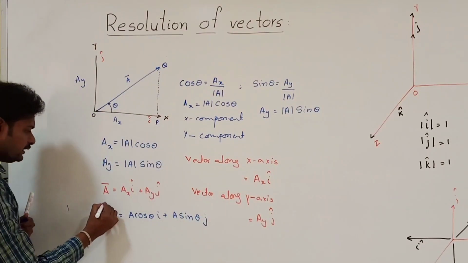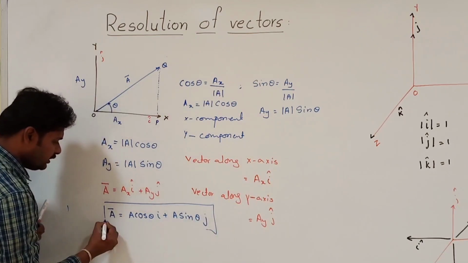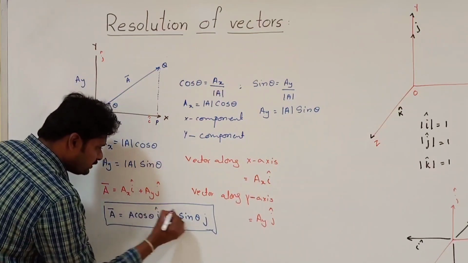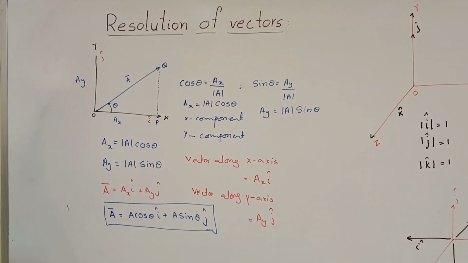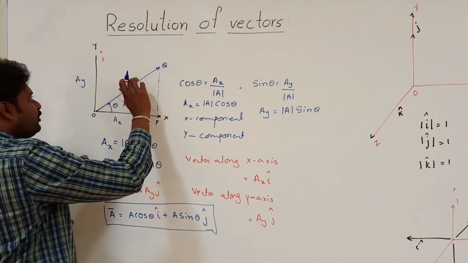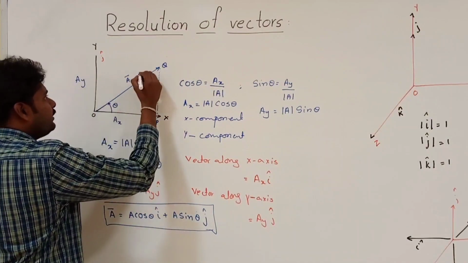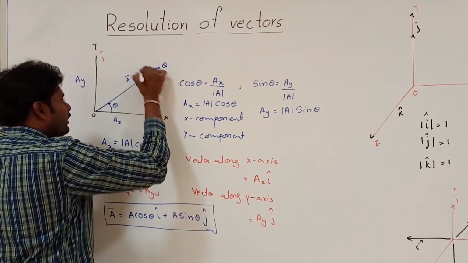So this is a simple vector, a combination in terms of unit vectors. Now, how to find the magnitude of the vector? This is a vector representation and this is called the magnitude.